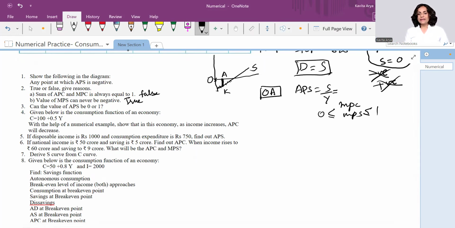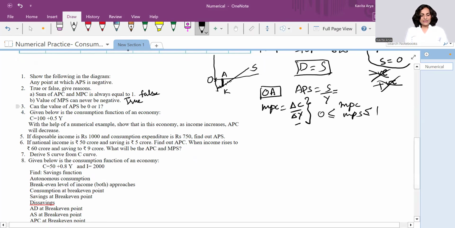The rationale behind this is, if you talk about MPC or MPS, MPC is delta C by delta Y. Can any of these change be negative? Neither delta C be negative nor delta Y be negative. Hence, MPC or MPS can never be negative. Hence, the statement given is true.